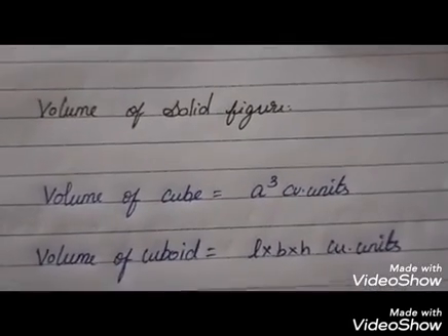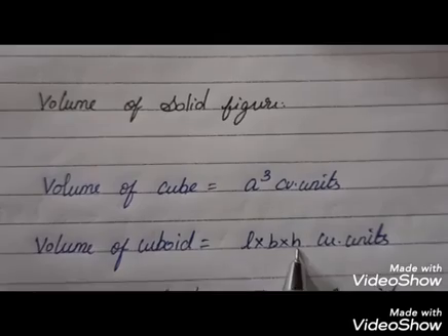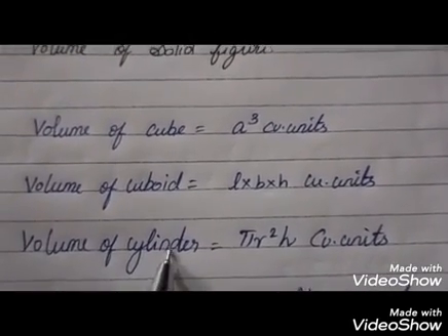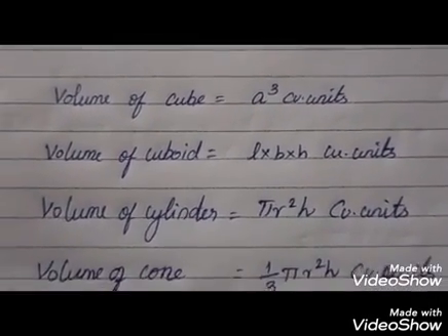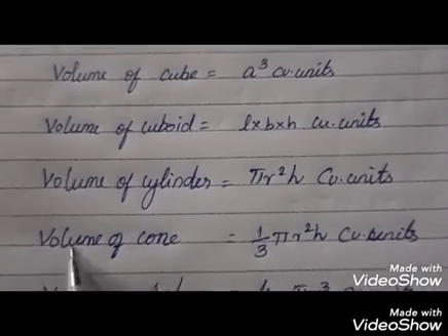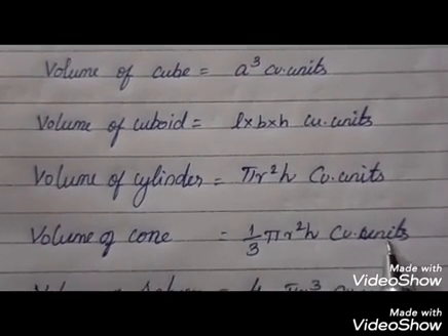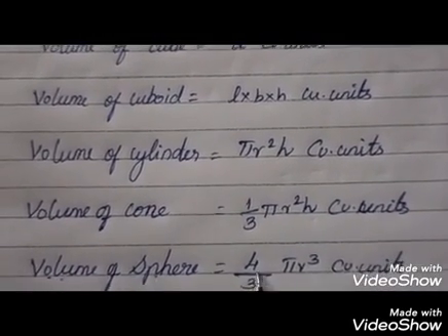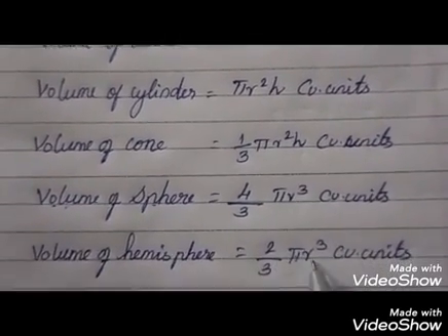Thank you so much. In the next class we will see the volume. Volume of a cube is a cube cubic units, volume of a cuboid is length into breadth into height, volume of a cylinder is pi r square h, volume of a cone is 1 by 3 pi r square h cubic units, volume of a sphere is 4 by 3 pi r cube, and volume of a hemisphere is 2 by 3 pi r cube.